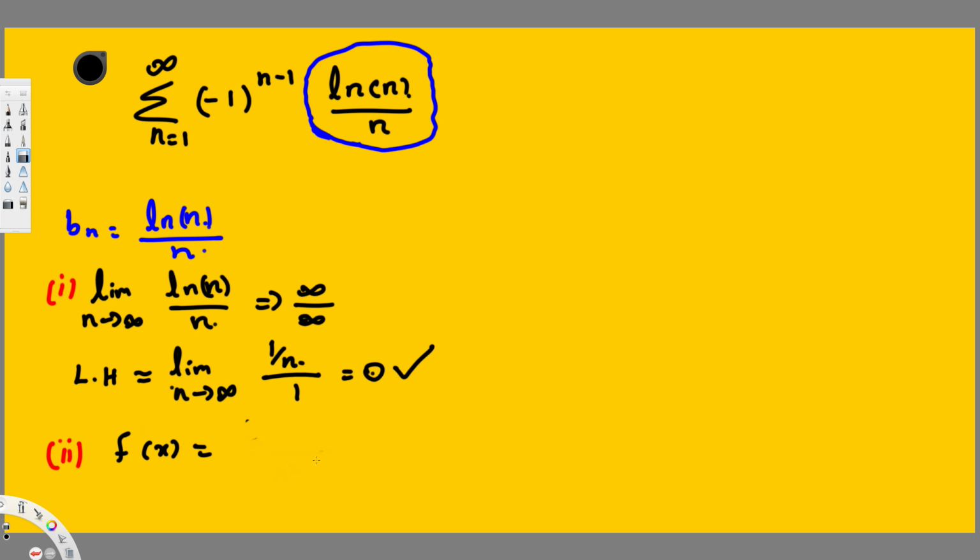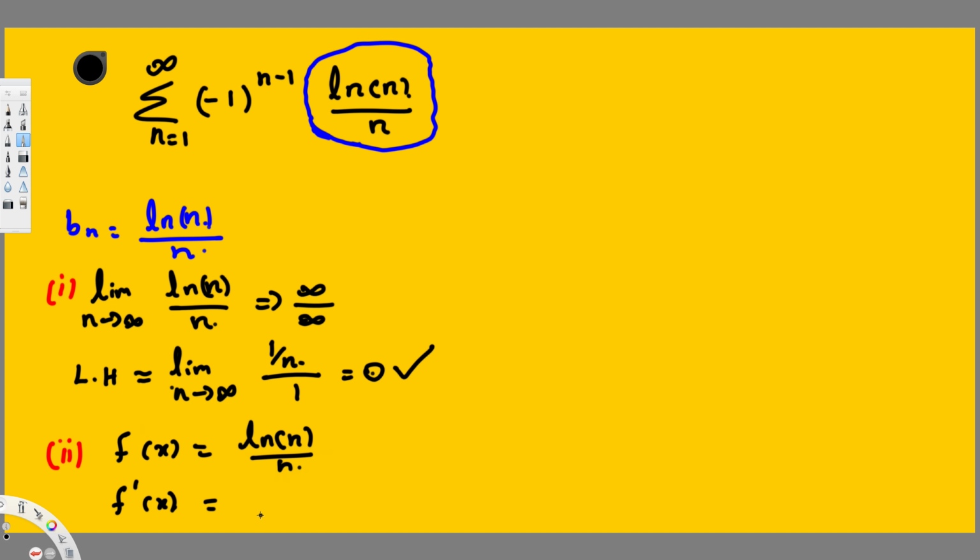Our function is f of x equal to ln n over n. Here we are trying to find the derivative of this one. f prime of x, I'm using the quotient rule. We square the denominator, and then take the derivative of the numerator multiplied by the denominator, minus the derivative of the denominator multiplied by the numerator. That's the quotient rule.